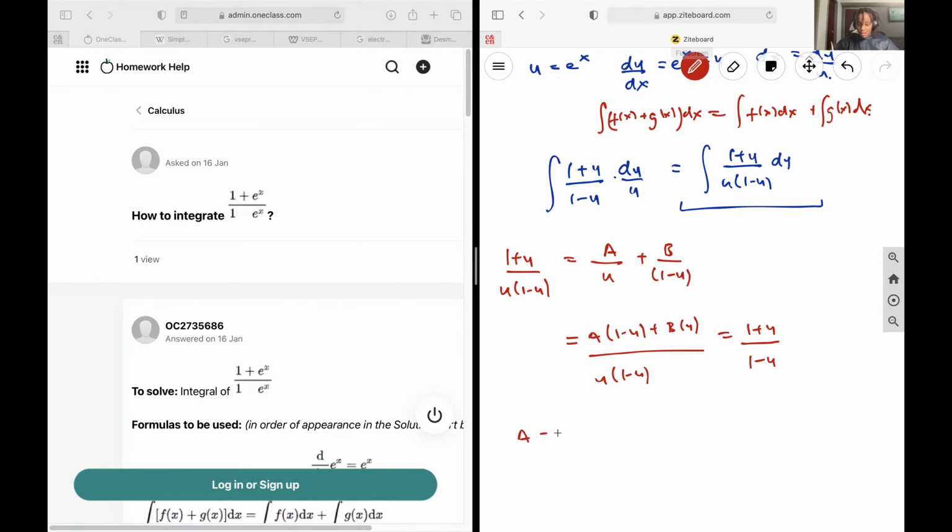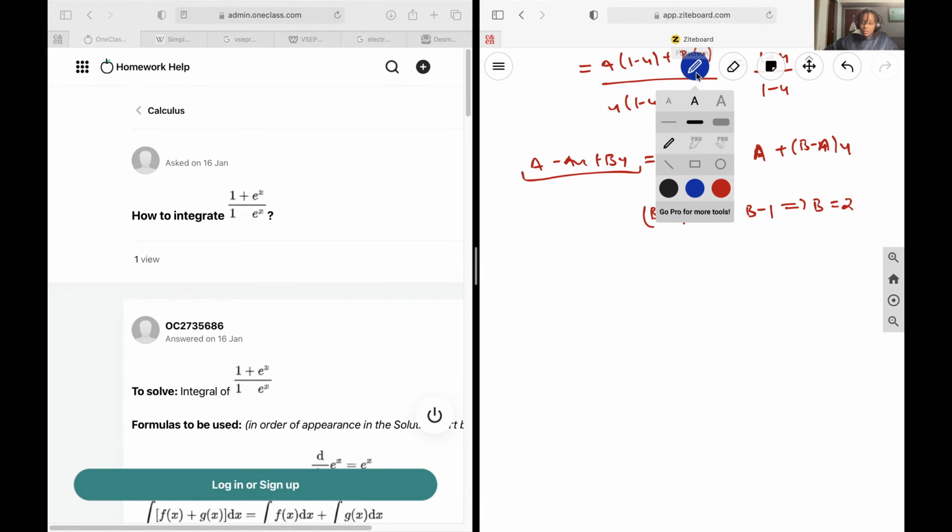This will become a minus au plus bu is equal to 1 plus u. We can just reorganize this as a plus (b minus a)u, which means that a must be equal to 1 and b minus a is equal to 1, which is equal to b minus 1. This will imply that b is equal to 2.